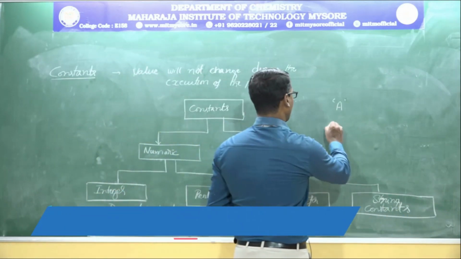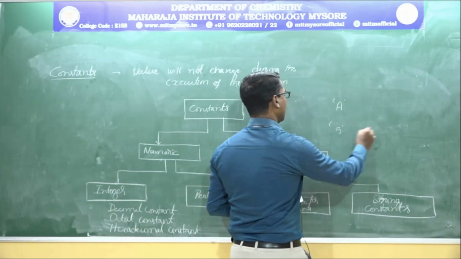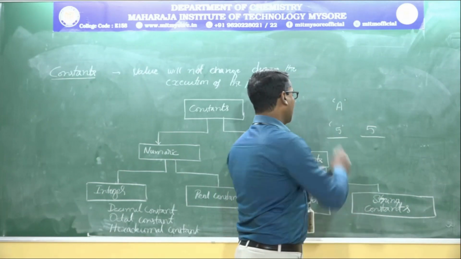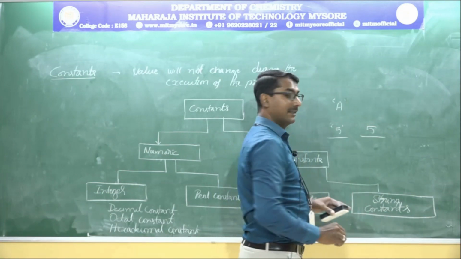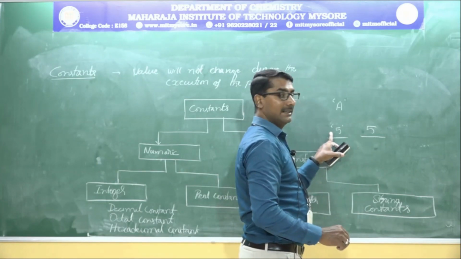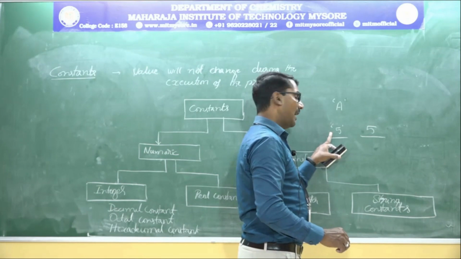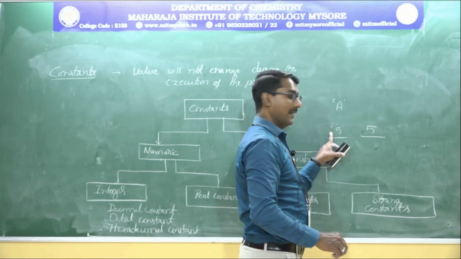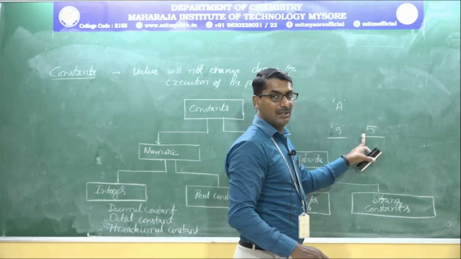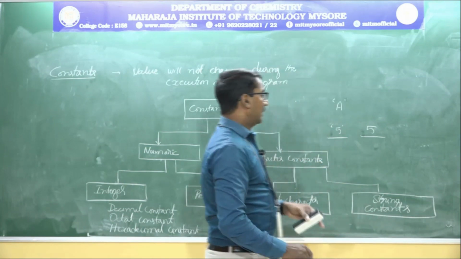So if you write 5 and '5', the 5 within single quotes is different from the plain 5. The '5' is considered as the ASCII value of 5. This is the decimal number.